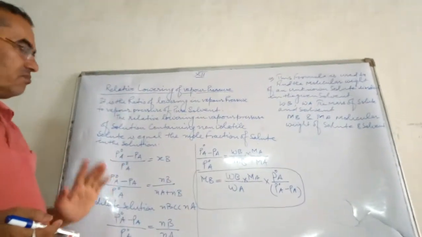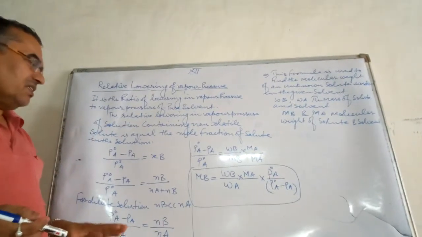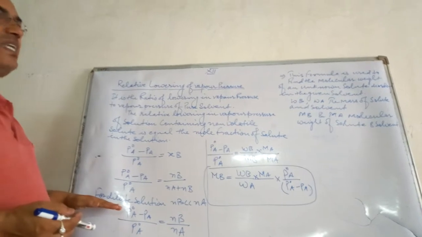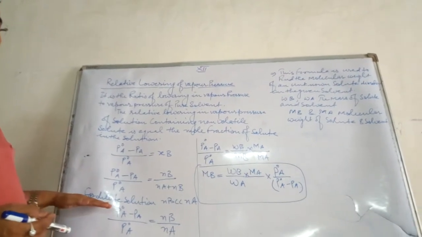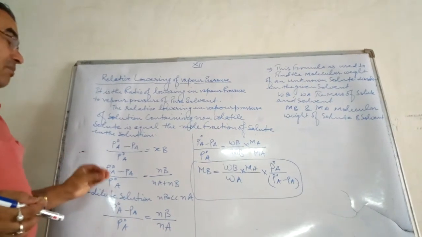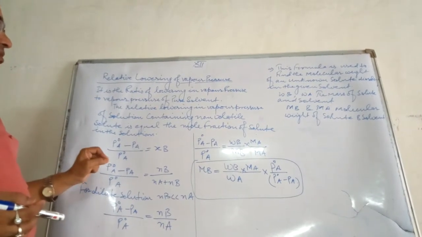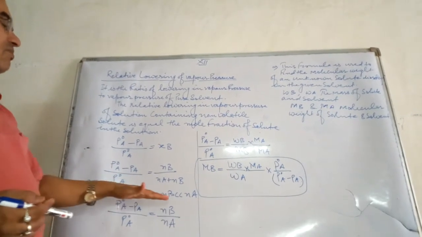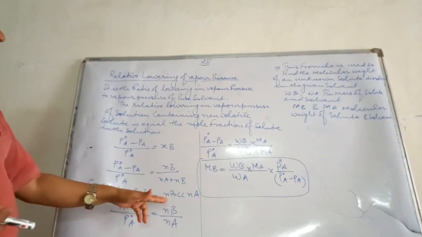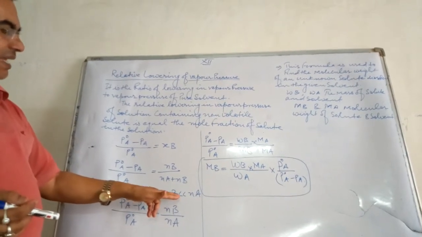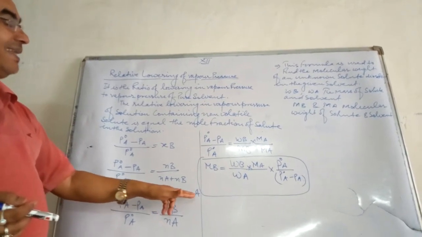Let me consider a situation if the solution is very dilute. If the solution is very dilute, the number of moles of non-volatile solute is considered to be very less in quantity, NB is much less as compared to NA.